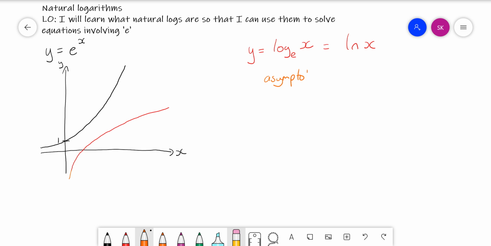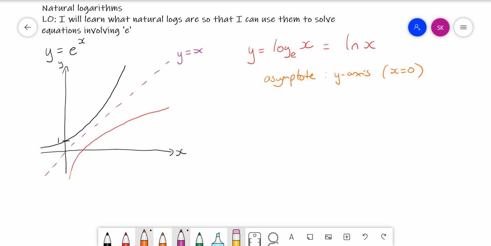And the reflection itself is through the line y equals x. So the natural logarithm, or ln x, is a reflection of y equals e to the power of x through the line y equals x, as you can see on my graph here. So that's the first thing that's interesting about it.